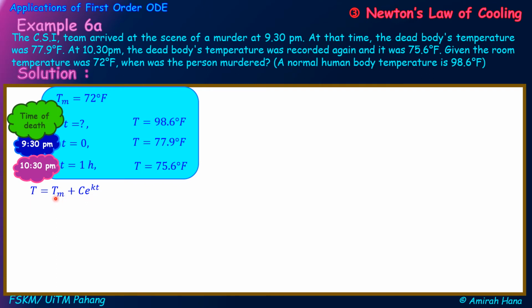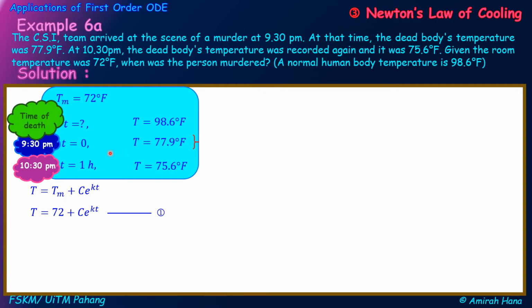Right, from the previous slide, we get T = Tm + Ce^(KT). From here, we can replace Tm = 72, where Tm is the temperature of the room.